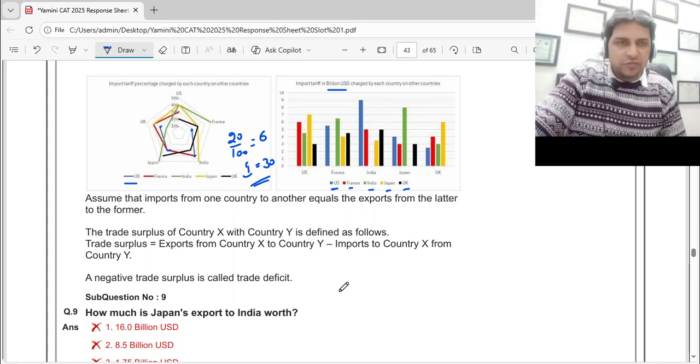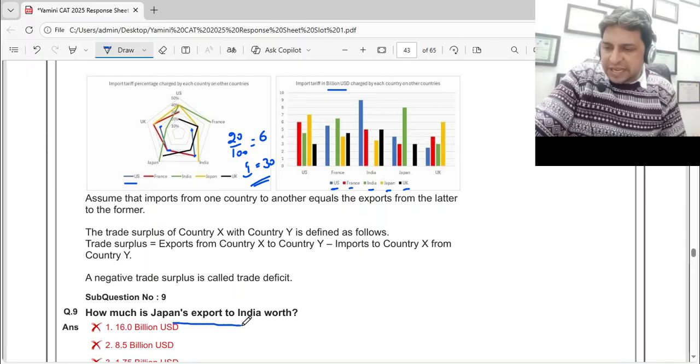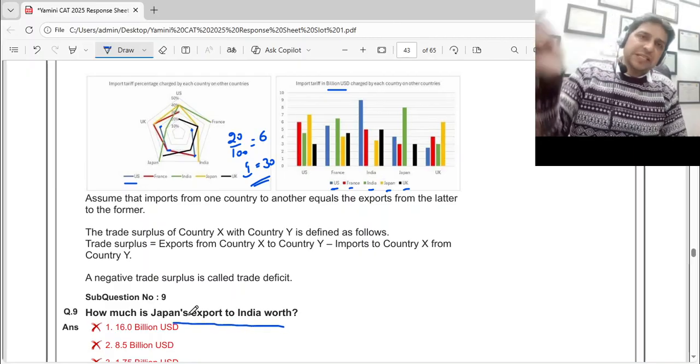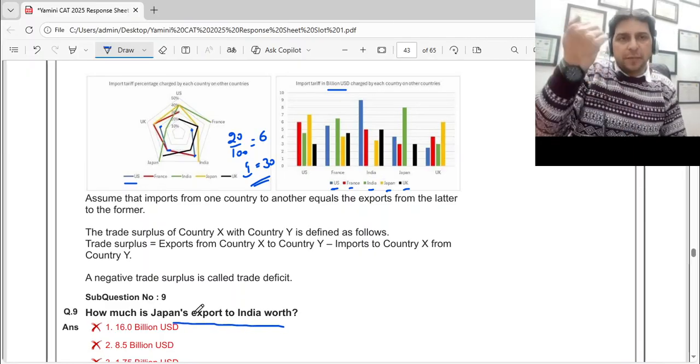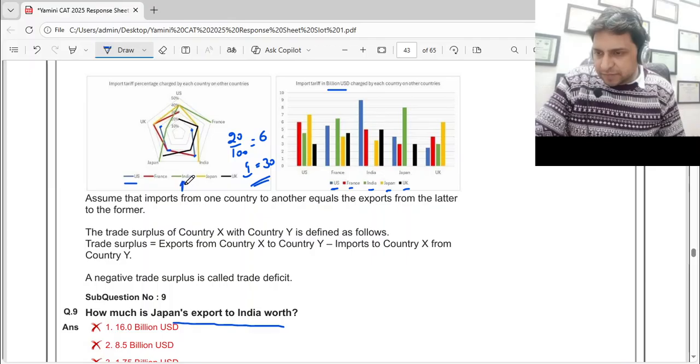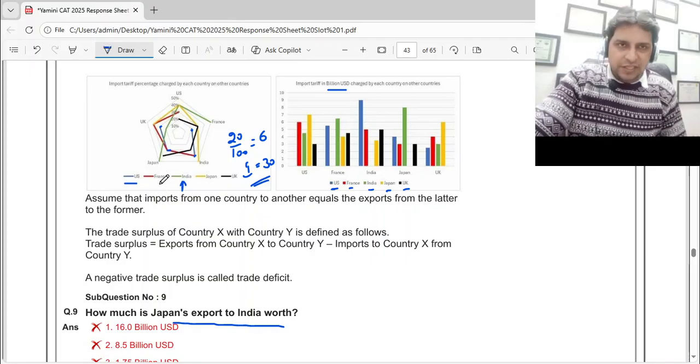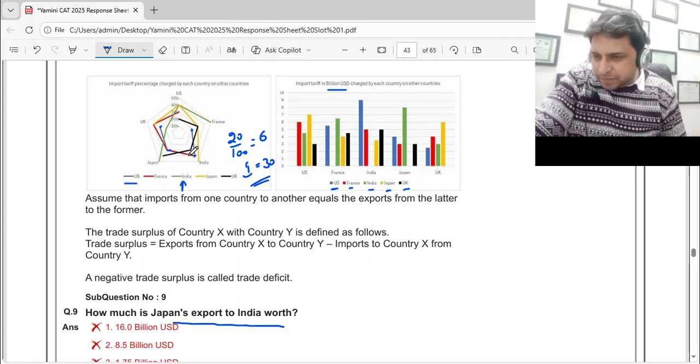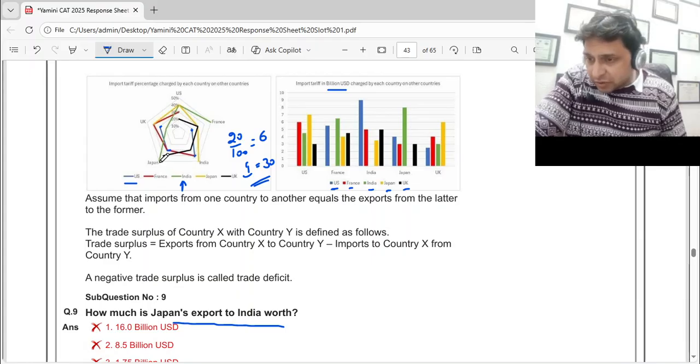Now the first question: how much is Japan's export to India? Japan is exporting to India, that means India is importing it. From the radar, if we see how much percentage India is charging on Japan, India is here, Japan is here, they are charging 50%.